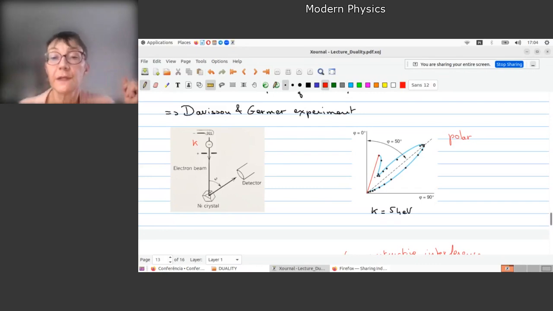You put it in the length of this line, and this is lesser. If you increase the angle from this one, you will have less intensity, and here it will be smaller. And what you see is for this one, 50 degrees, you have a strong maximum, in polar coordinates.